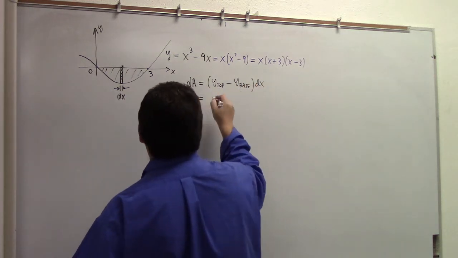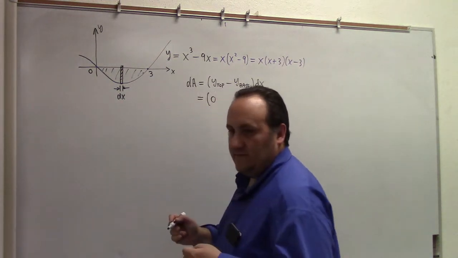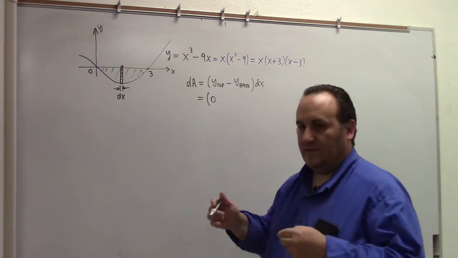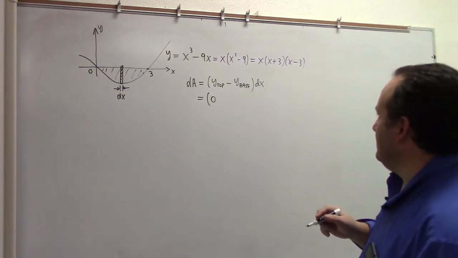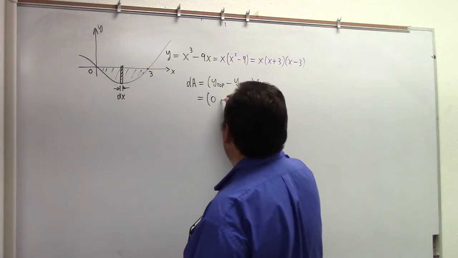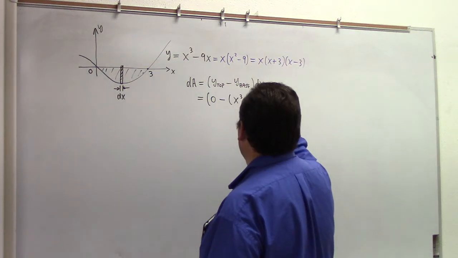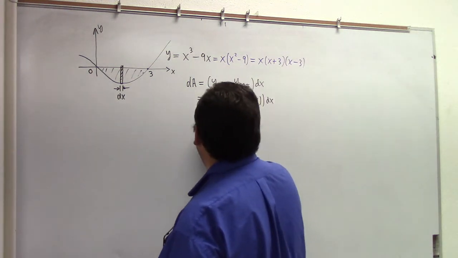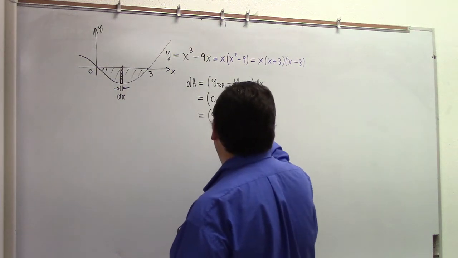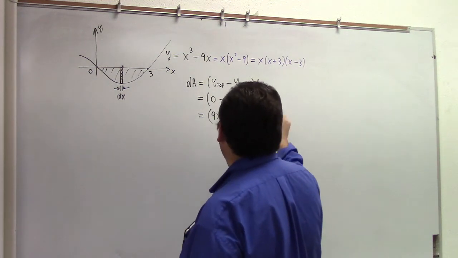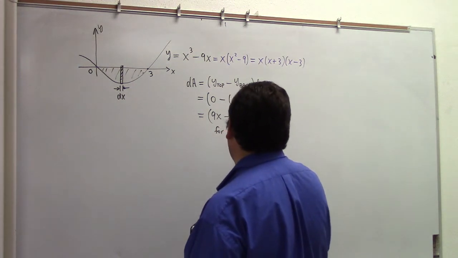The top y in this case is just 0, because y equals 0 is the x-axis. The base is given by the other formula, x cubed minus 9x. Notice that minus distributes. So we've got 9x minus x cubed dx, for 0 less than or equal to x less than or equal to 3.